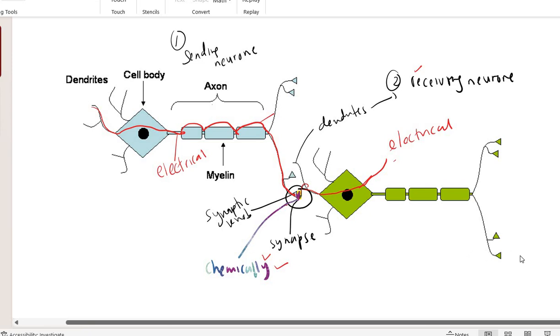After this, what happened? The impulse in the form of electrical signal reaches the synaptic knob.